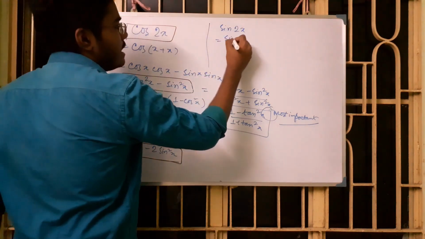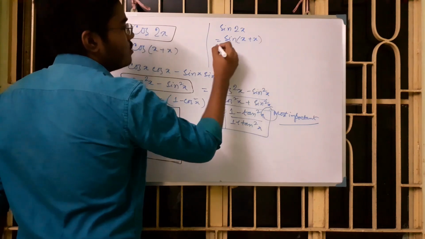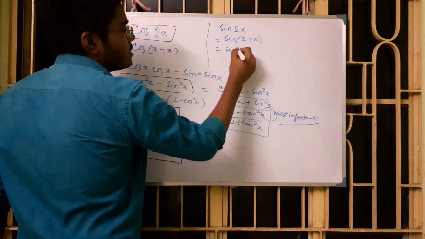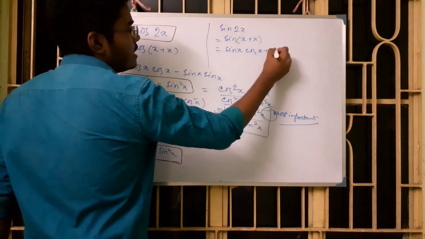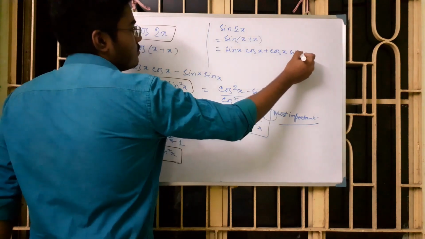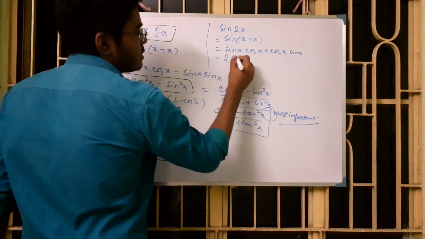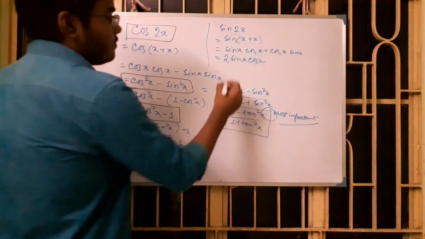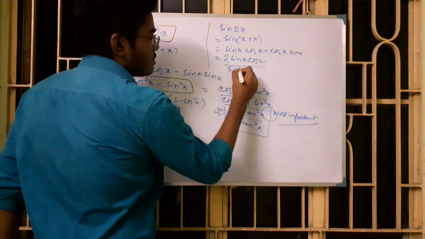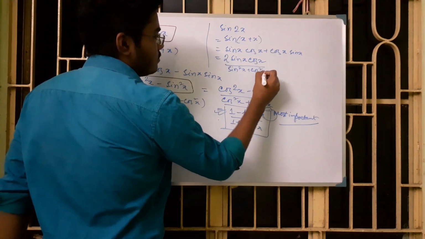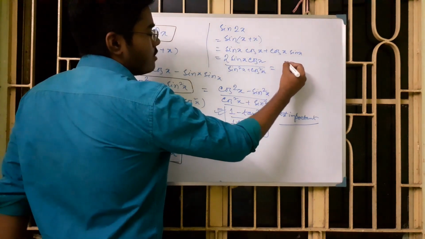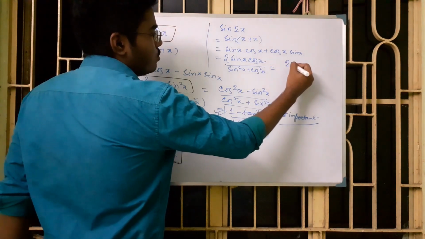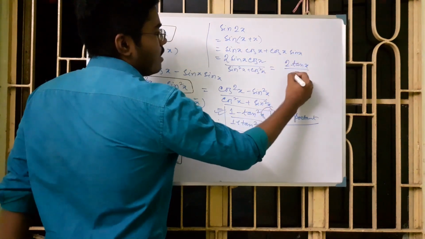Now, what is sin 2x? Sin 2x equal to sin(x plus x), so sin x cos x plus cos x sin x, that is 2 sin x cos x. Divide by sin square x plus cos square x, and divide numerator and denominator using cos square x. So 2 tan x upon (1 plus tan square x).